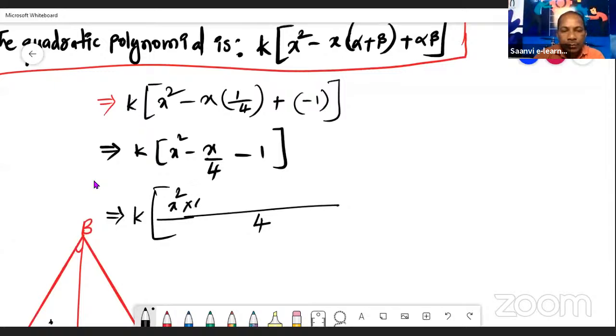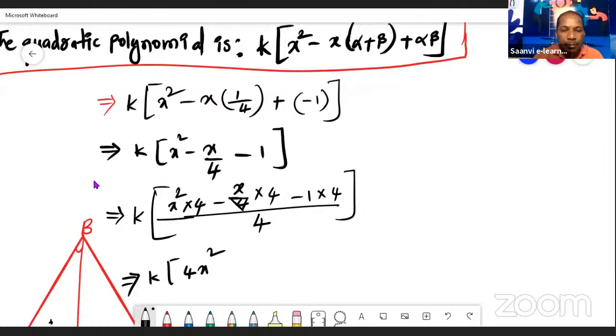So x square into 4 minus x by 4 into 4 minus 1 into 4. Now k of 4x square minus, here the 4 gets cancelled, the remaining is x, minus 1 into 4, which is 4, all by 4.